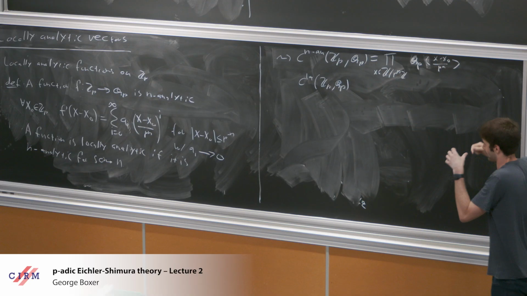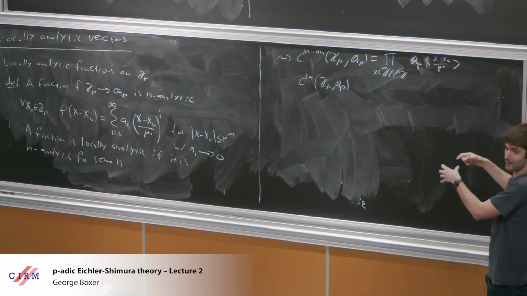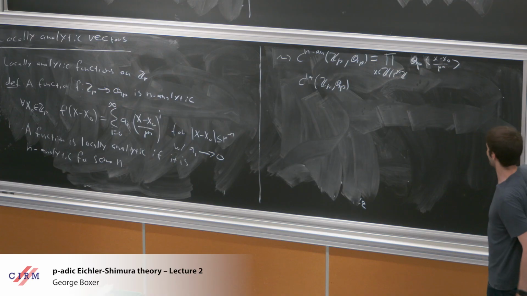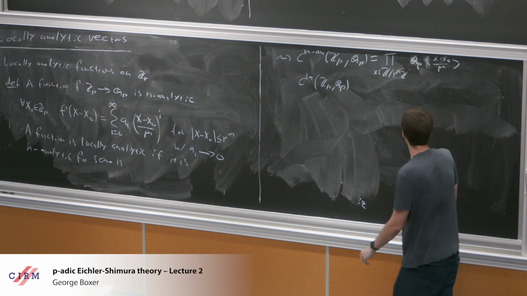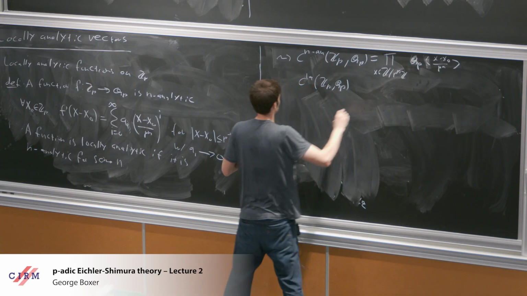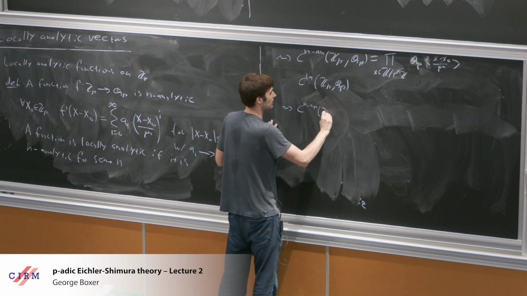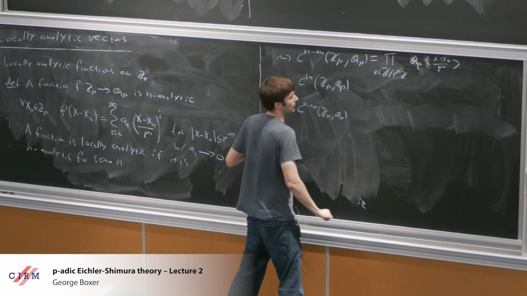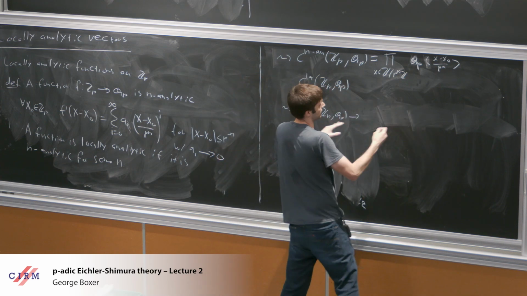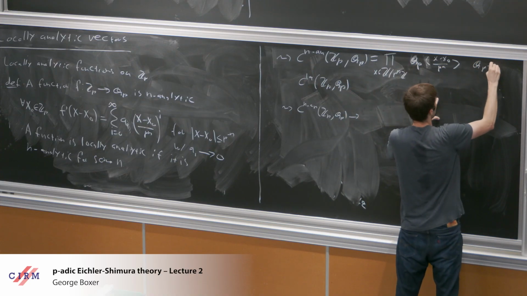Okay? So in other words, it's just functions on the finitely many Tate disks of radius p to the minus n centered around the points of Z_p. And in particular, this is a Tate algebra, so it's a Q_p-Banach space.